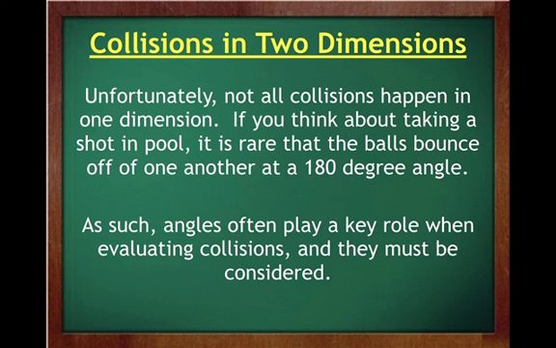Often you're using angles to figure out, if I hit at this angle with this type of force, which way will it go and how will the other ball react? Even while you're trying to sink one, you're trying to make sure that you don't sink your cue ball at the same time. Playing with those angles and the speed you're going to hit the ball with is all part of this physics lesson on collisions in two dimensions.